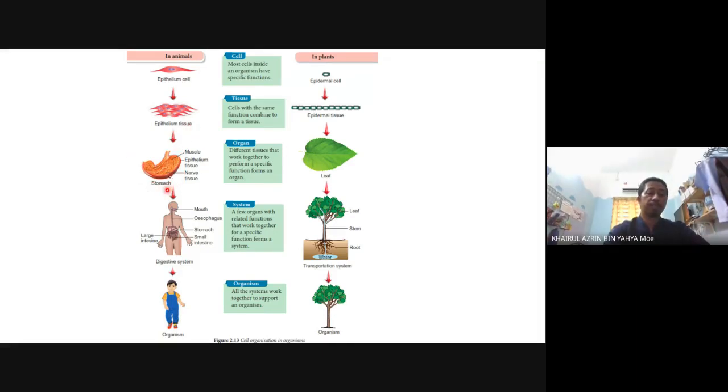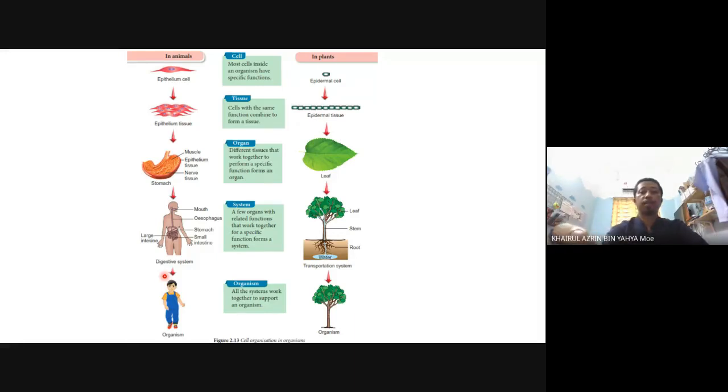Okay, so stomach combine with other organs become digestive system. So in digestive system kita ada large intestine organ, we have small intestine, stomach, esophagus, mouth. All of these are organ in digestive system. So many system in human parts become organism like human lah, seperti manusia.